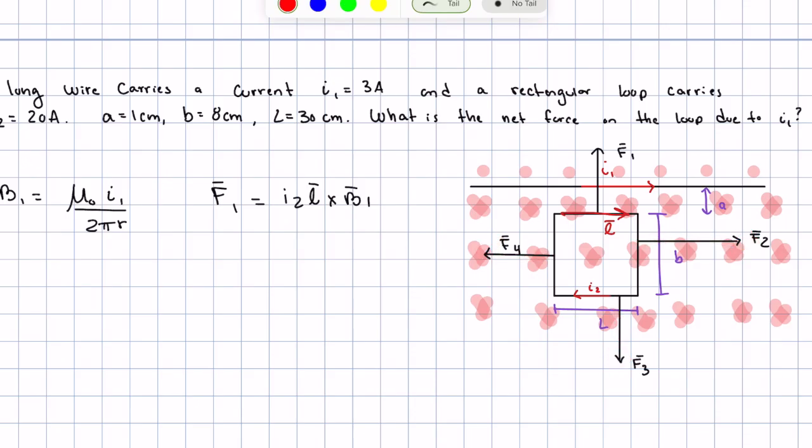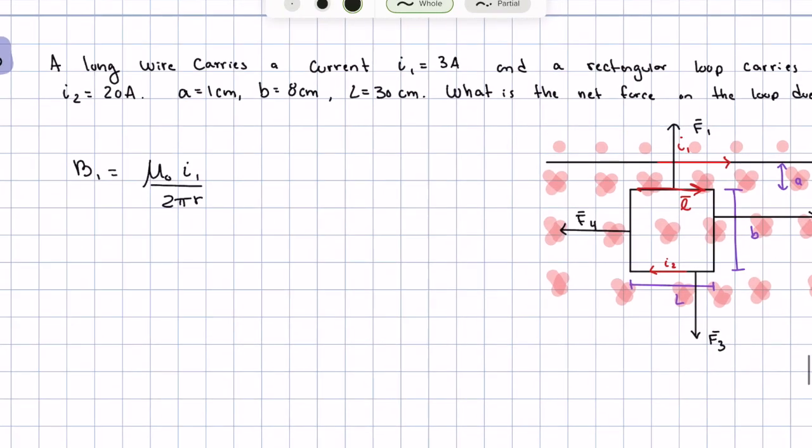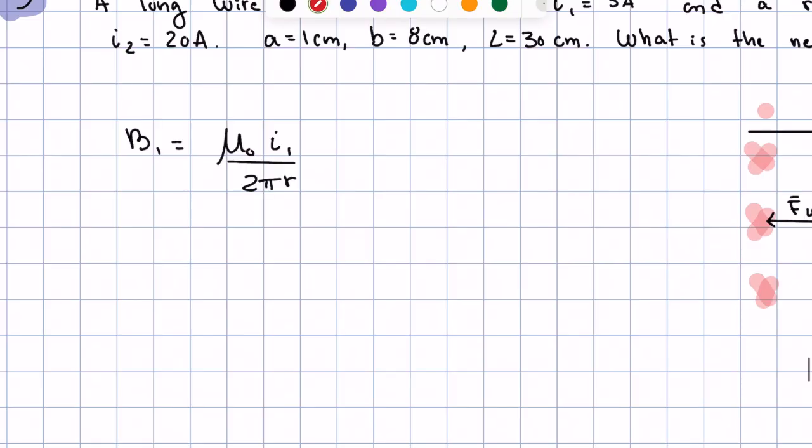We just now need to know the magnitude of the force that they're experiencing. So let's go ahead and actually calculate that. Like I said, we have F1 is equal to I2, the current that's going through it, L cross B1.